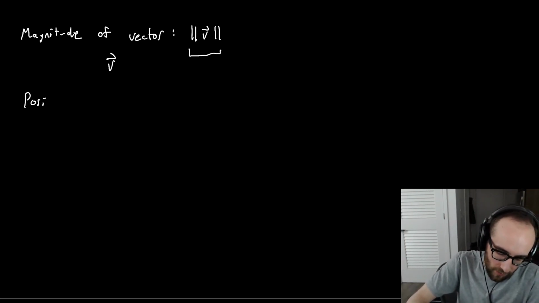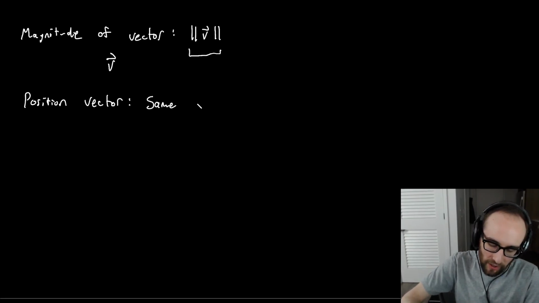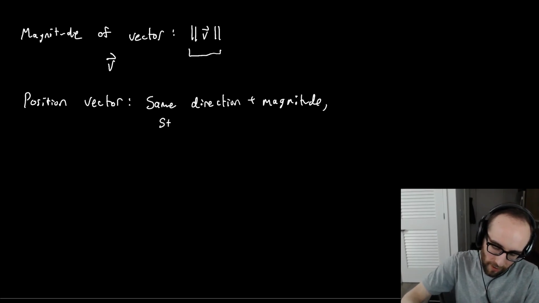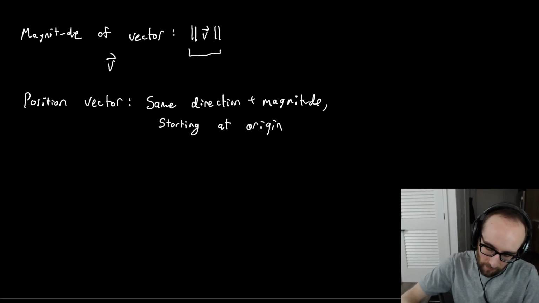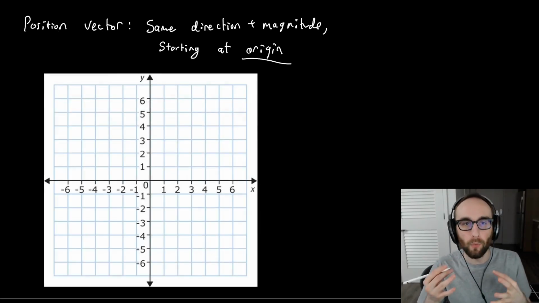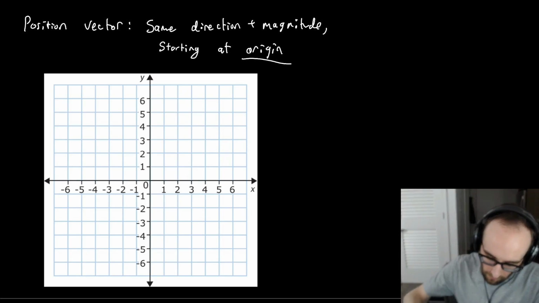You might also see the term position vector. The position vector has the same direction and magnitude as the vector that it's referring to, starting at the origin. So a quick example would be if we were to have a vector up here, for example.